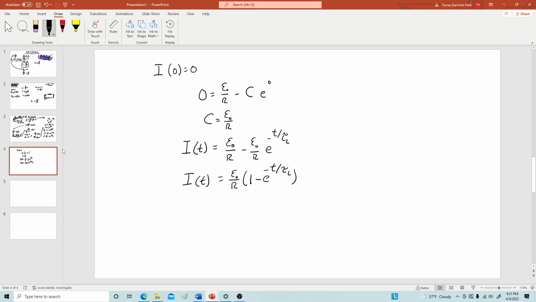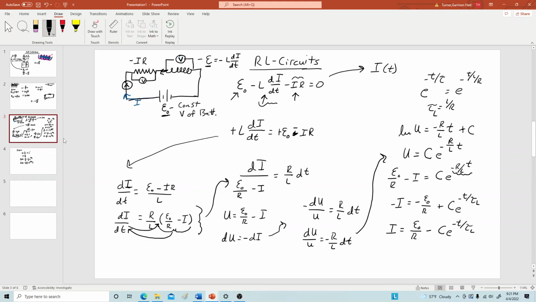So this is the solution to my problem. And note what epsilon naught over R is. Epsilon naught over R would be the current due to Ohm's law if the inductor were not present. If the inductor were not present and negative L dI/dt were 0, then I would just have Ohm's law, and my current would be epsilon naught over R. So epsilon naught over R represents the maximum current in the circuit.